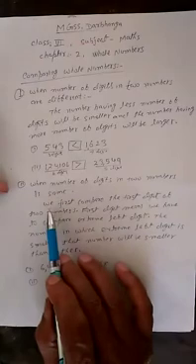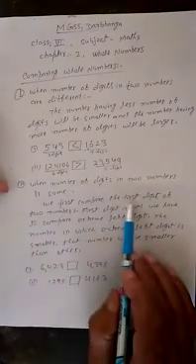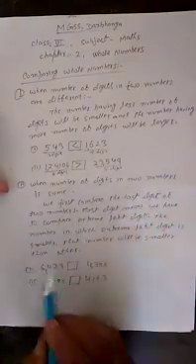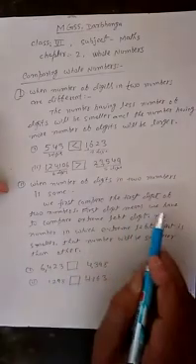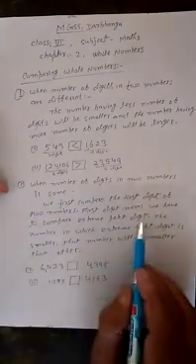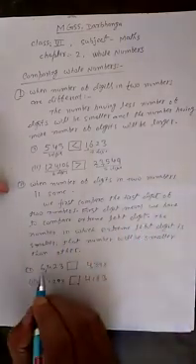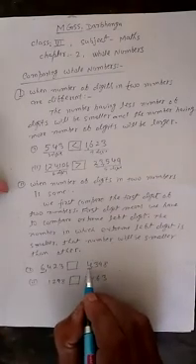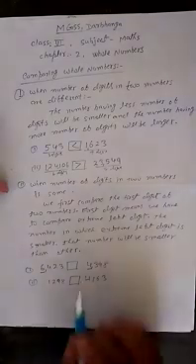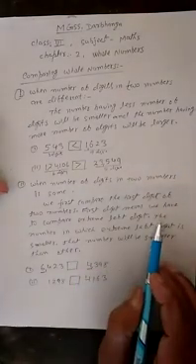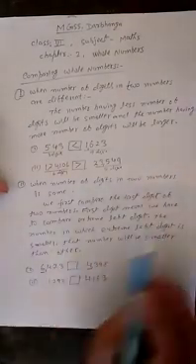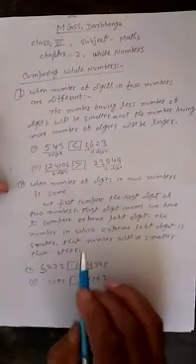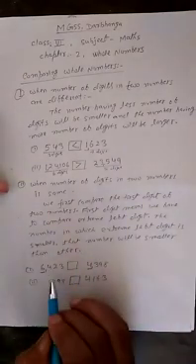First we compare the first digit of the two numbers. First digit means we have to compare the extreme left digit. Here the extreme left digit is 6 and in the second number the extreme left digit is 4. The number in which the extreme left digit is smaller, that number will be smaller.